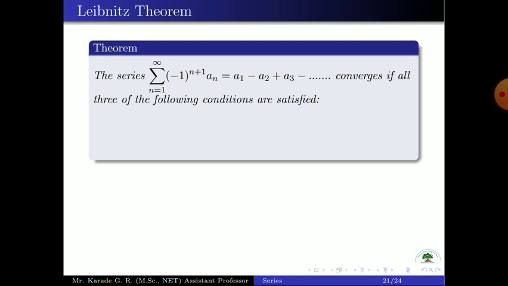This means the alternating series will converge if it satisfies the following three conditions. First condition is all an are positive.